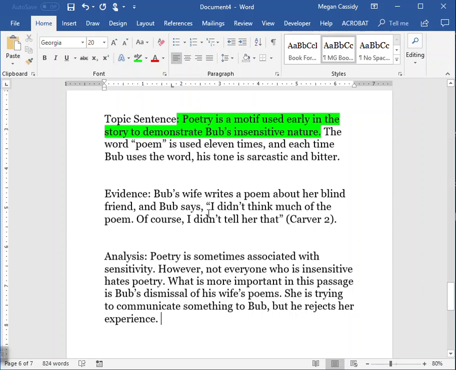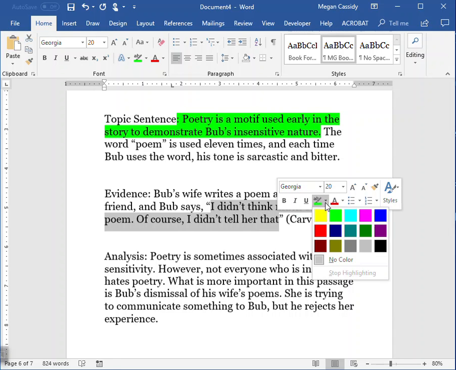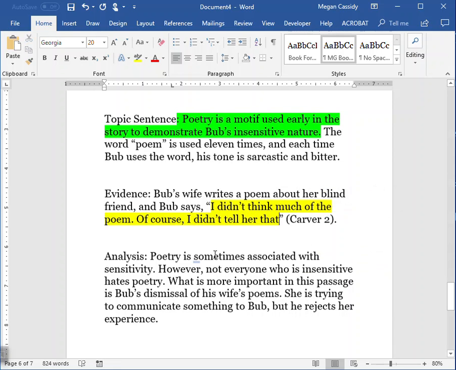So we have our evidence, a quotation here, just to vary the yellow and green, and then a little bit of an explanation. And again, I've used some keywords, insensitive, which I also had in my topic sentence, right? The fact that he's rejecting her experience.